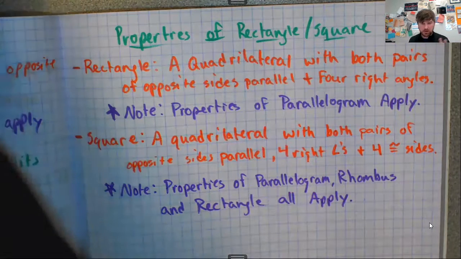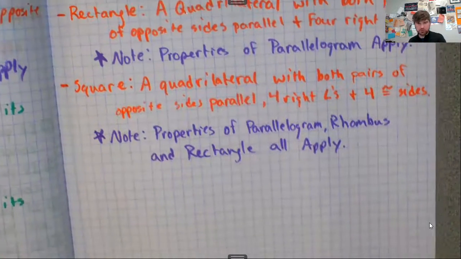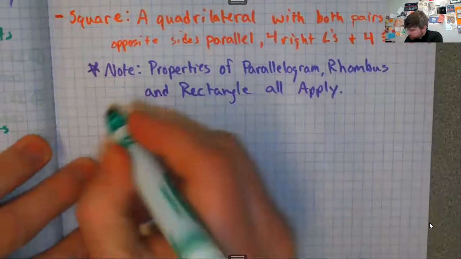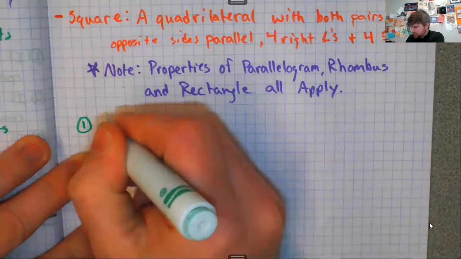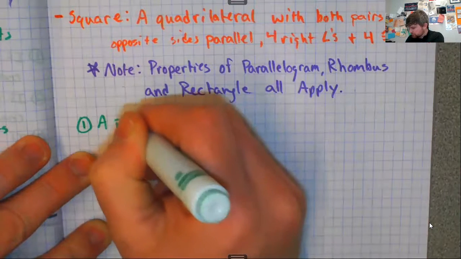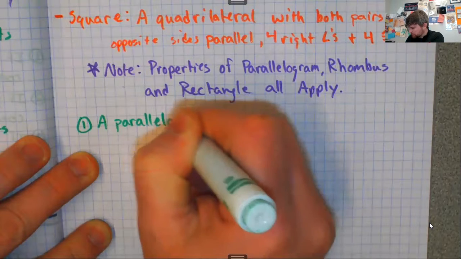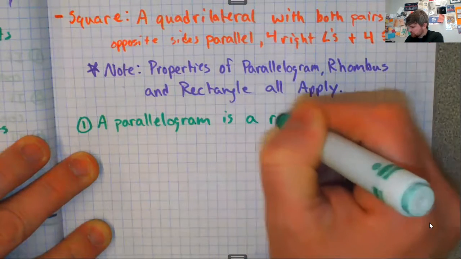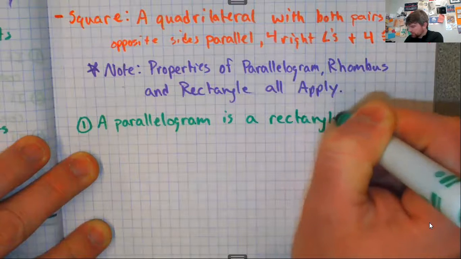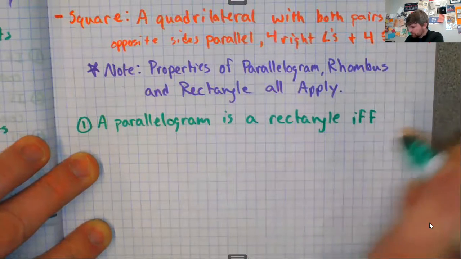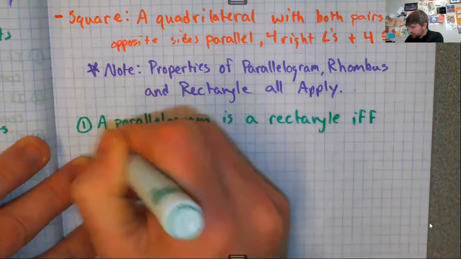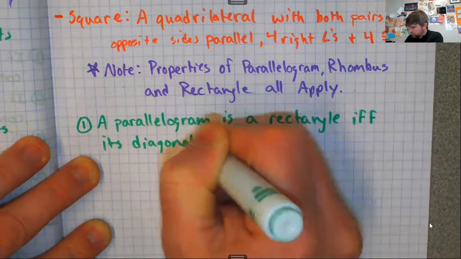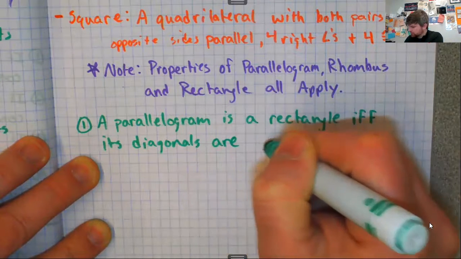Okay, so we only have 2 properties here, or 2 theorems that we're going to talk about. Number 1 is that a parallelogram is a rectangle if and only if its diagonals are congruent.